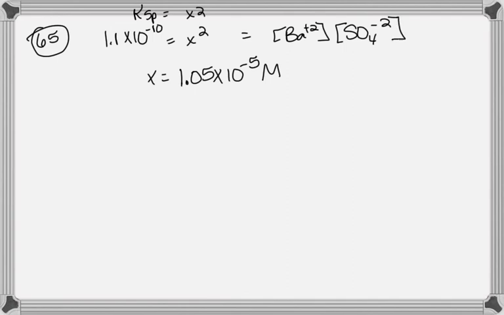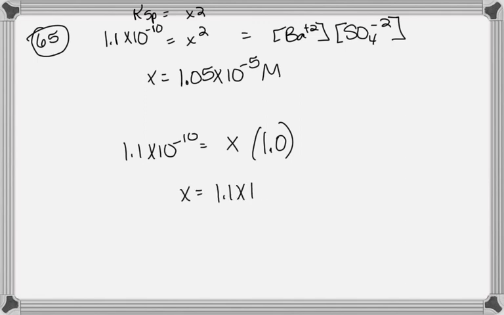When it's in water, the barium is X and the sulfate is X. But when you're putting it in 1 molar sulfate, it's 1.1 times 10 to the minus 10 is equal to the barium, which is X, but the sulfate is now 1. And so X is equal to 1.1 times 10 to the minus 10.